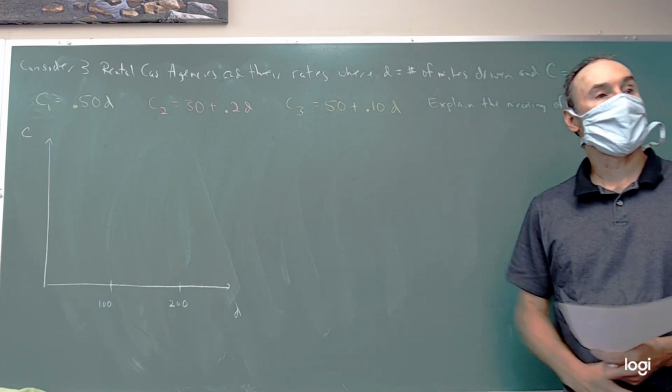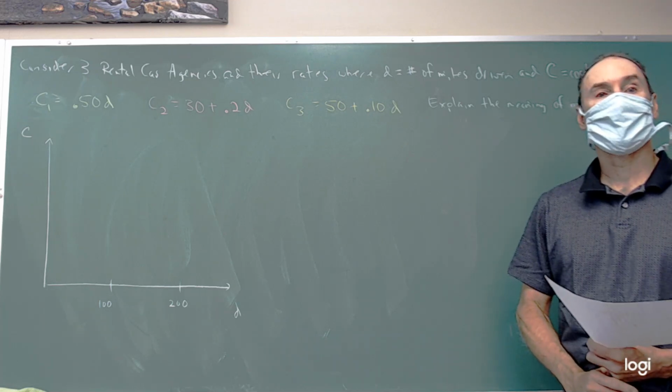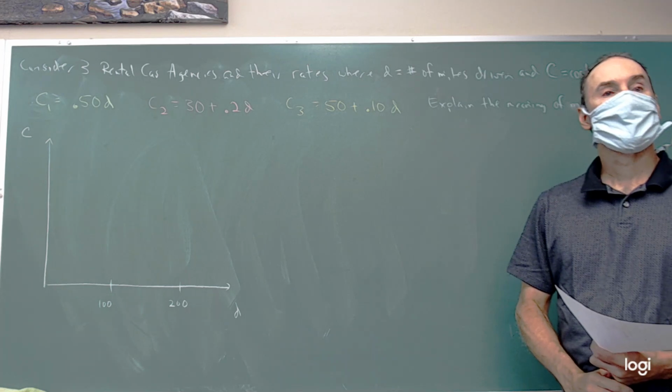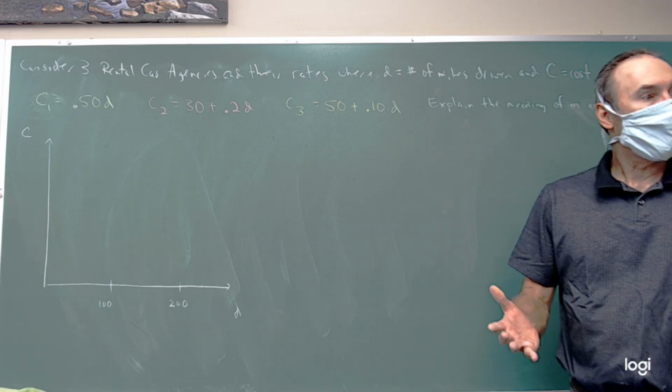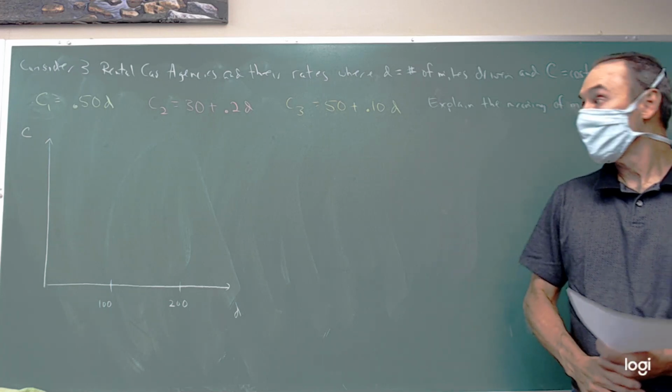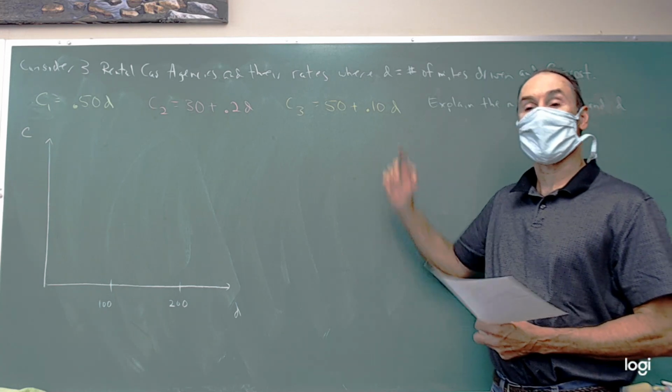Okay, so how about the B? Somebody else want to explain what the B means? Is it the starting cost? Yeah, in the case of this, it's how much we're going to get charged before we even drive it off the lot.